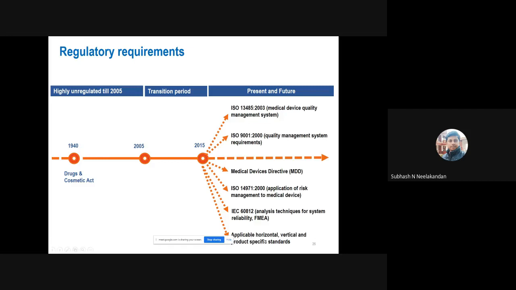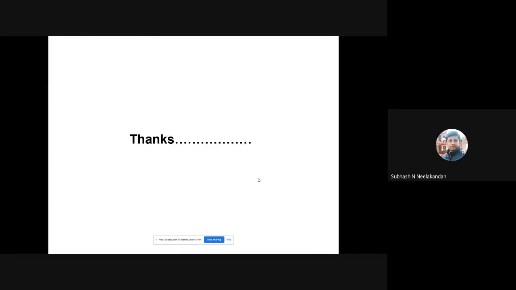If a vertical standard is not available for the product, after discussion with the concerned specialist team, required criteria should be pulled from the horizontal standards. A horizontal standard is also not available for a completely innovative product. The development team has to develop substantiating evidence to support their claim. Only then will it get the approval and we can put the device into a regulated market. So this is a summary of the medical device development and associated processes. That's it. Thanks.